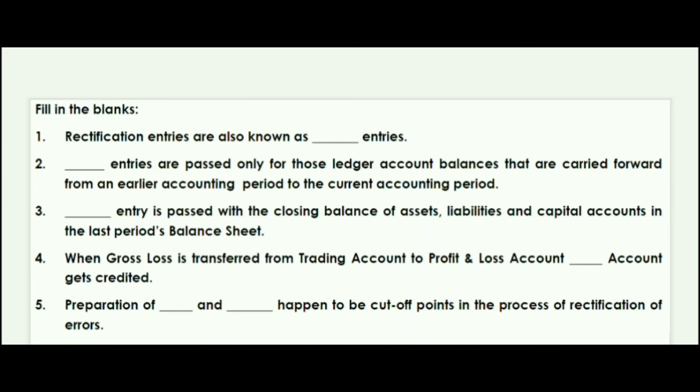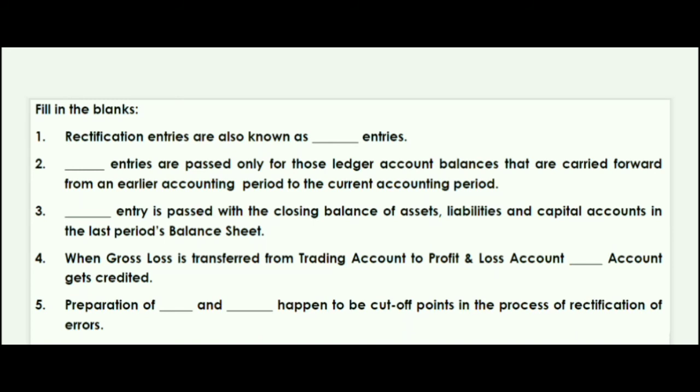Next question is, when gross loss is transferred from trading account to profit and loss account, what account gets credited? In that case, trading account will get credited. Next is preparation of trial balance, fill in the blanks, cut off point in the process of rectification of error.